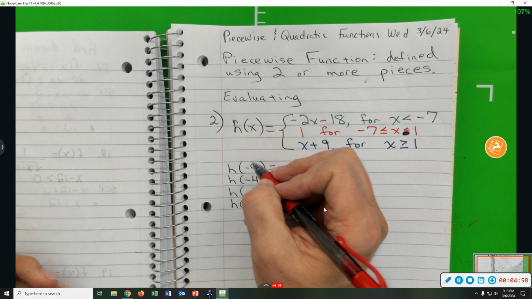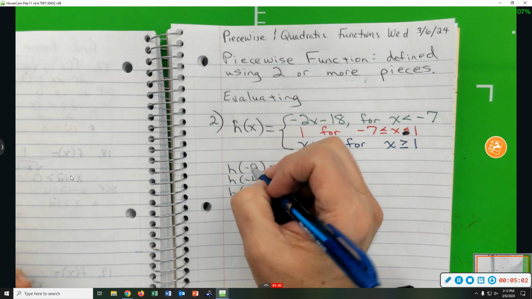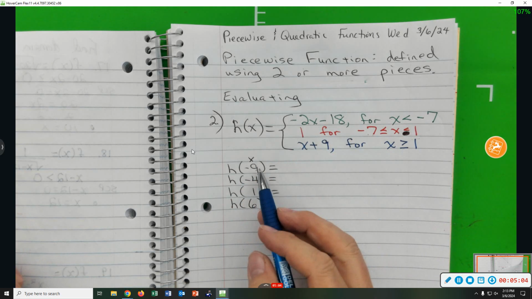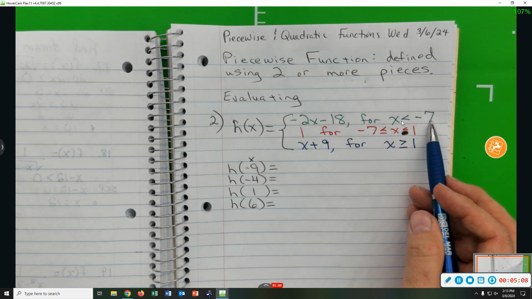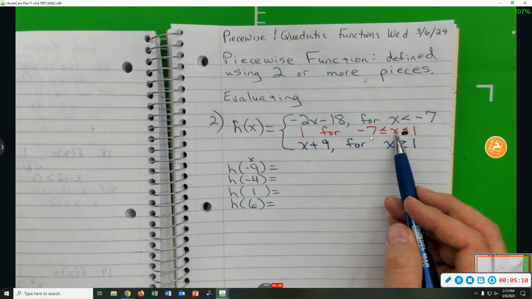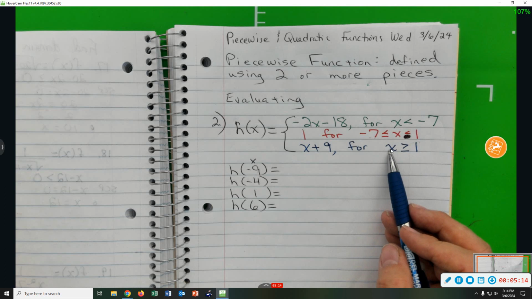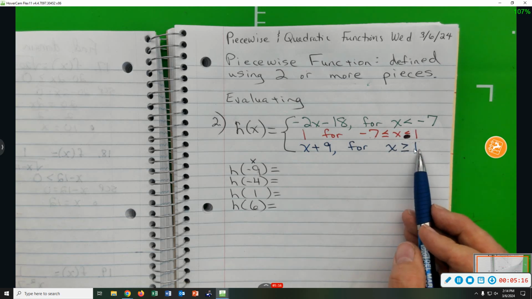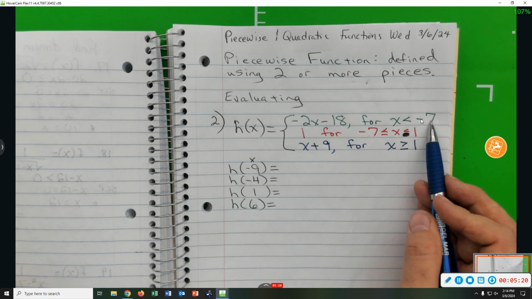The x value is negative 9. The number inside the parentheses is x. Is negative 9 less than negative 7? Is negative 9 between negative 7 and positive 1? Or is negative 9 greater than positive 1? I heard you say that negative 9 is less than negative 7.